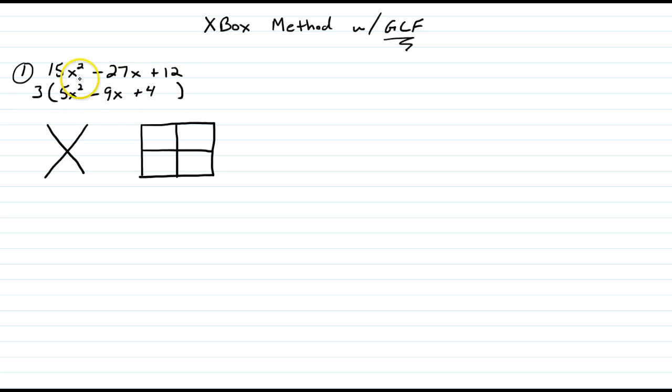So now we're going to do our X-box method on just the inside. Take the first number and the last number. 5 times 4 gives us 20. Take that middle number, minus 9, and put it on the bottom. And so now we have to figure out what numbers multiply to 20 and add to negative 9.